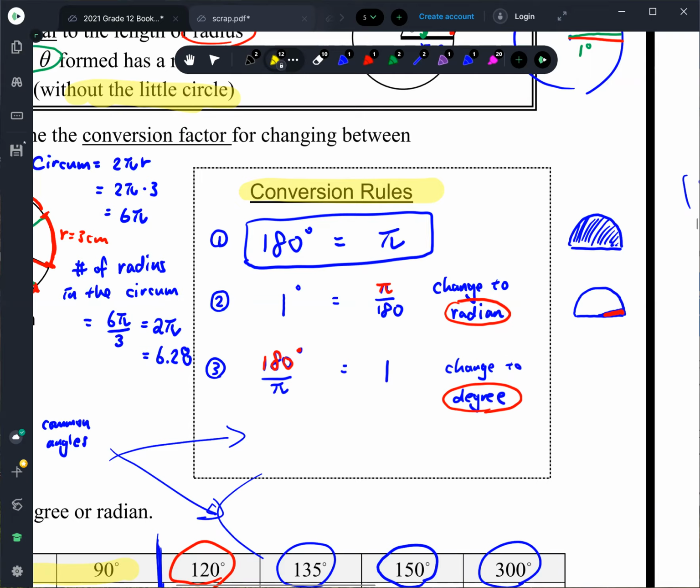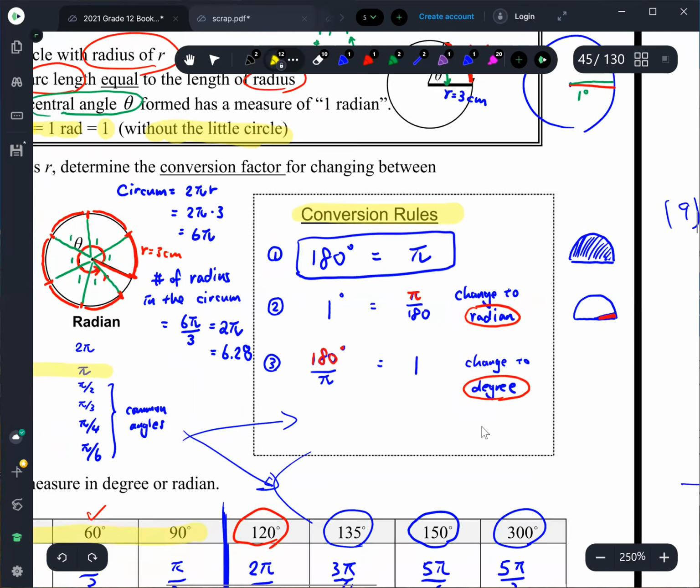So for common ones, you use 180 degrees equals pi. Okay, so remember, change to radian, pi on top. Change to degree, 180 degrees on top, okay? Please raise your hand if you got everything in the box here.